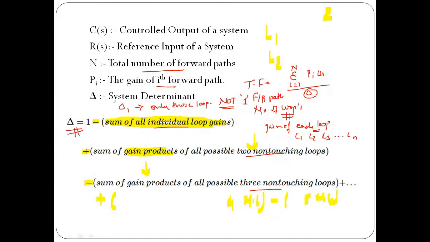This is very important. In the same way, suppose we are interested in calculating the value of delta 2. The same formula we need to implement, which is nothing but delta. But while calculating the value of delta 2, whatever loops we are going to take must not be in physical contact with the second forward path.